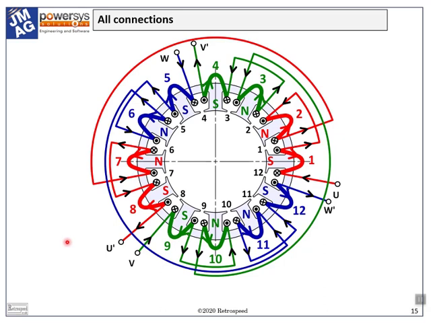I think you could take this to a winding shop and they would be happy to wind it. They might find it a little bit fussy, too much artistic detail in the representation of the coils. Generally speaking, winding shops work with rather stark diagrams without so much color and detail.